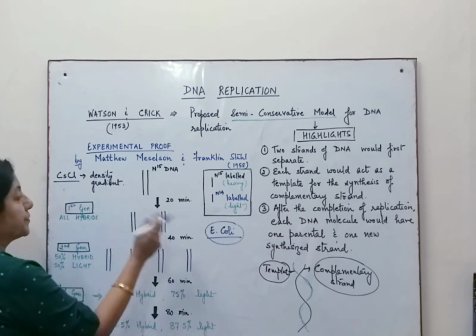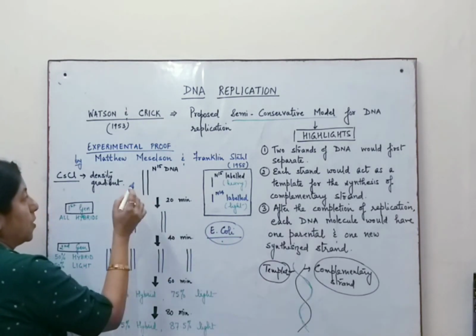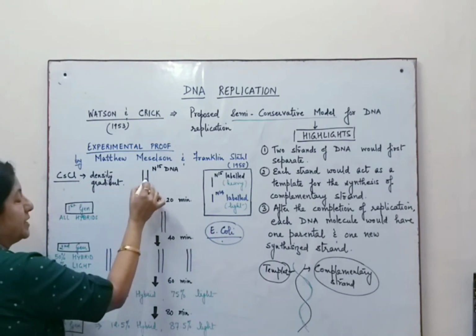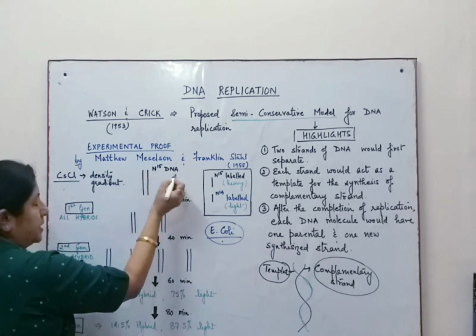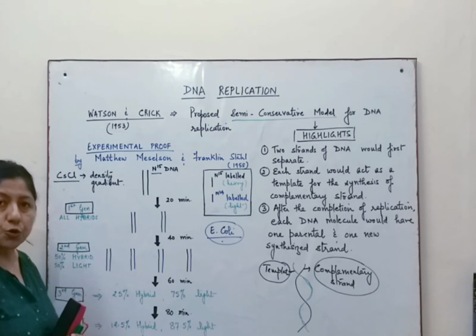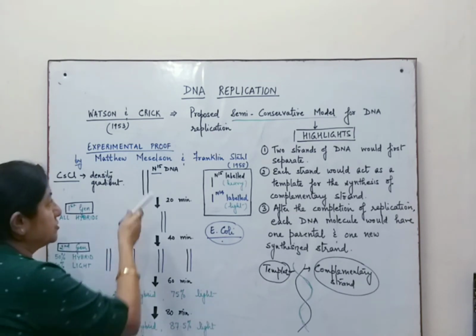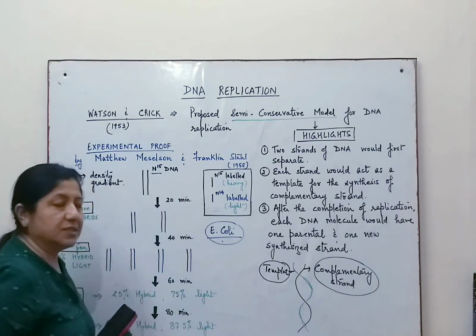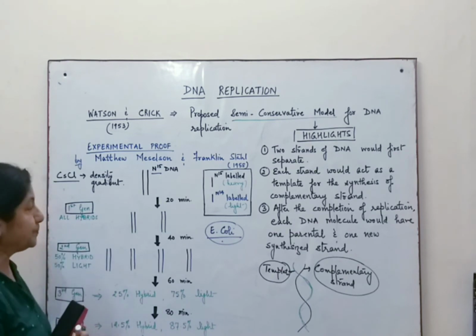Here E. coli was grown in a medium containing N15, a heavy isotope of nitrogen, and nitrogen was used because DNA consists of nitrogenous bases.